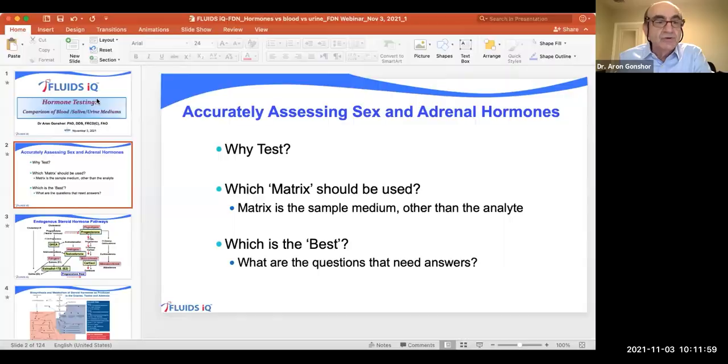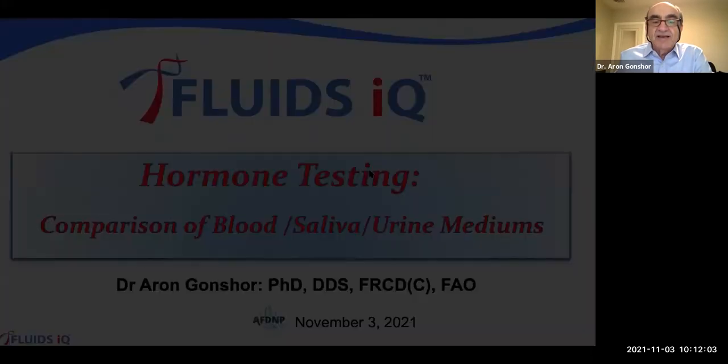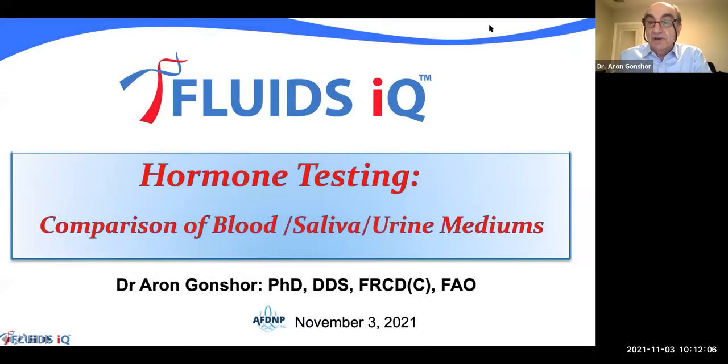So I'm going to just open this up, and if people can't see it, let me know. But at the present time, what you're looking at here is the front slide, which is really going to be talking about a comparison of blood, saliva, and urine mediums or platforms for testing, specifically for hormones.